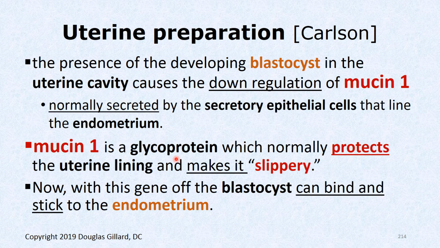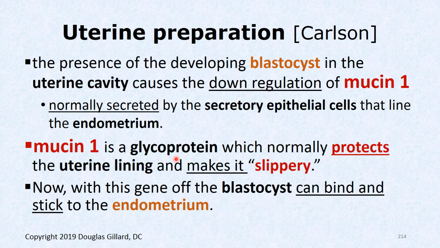Uterine preparation. The uterus has to be prepared to bind our little blastocyst. Remember, we changed the name from morula to blastocyst because the blastocoele, the blastocyst cavity, has developed. The presence of the developing blastocyst in the uterine cavity stimulates a change within the secretory epithelial cells.